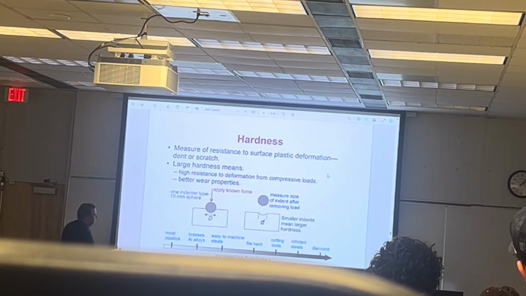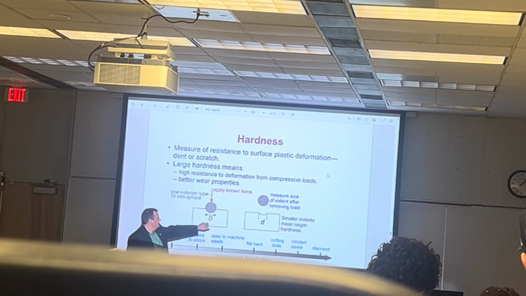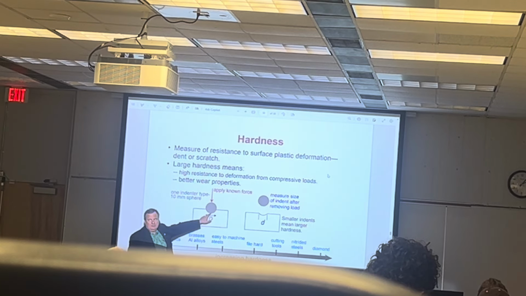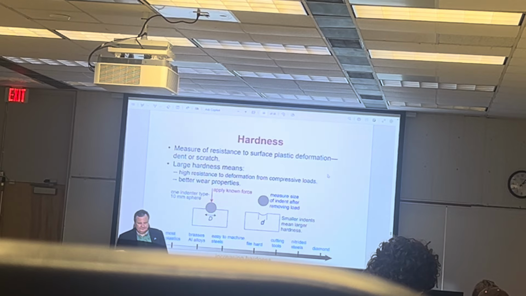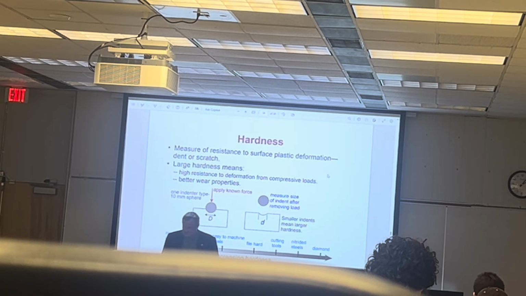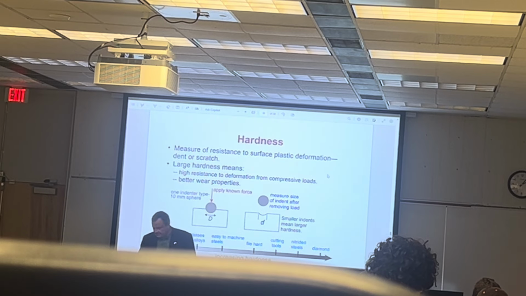You take a material that's either hard steel or diamond or tungsten carbide, something that is hard, and you make an indentation. See, this is not real wood, this is a laminate. It's not so easy to indent.